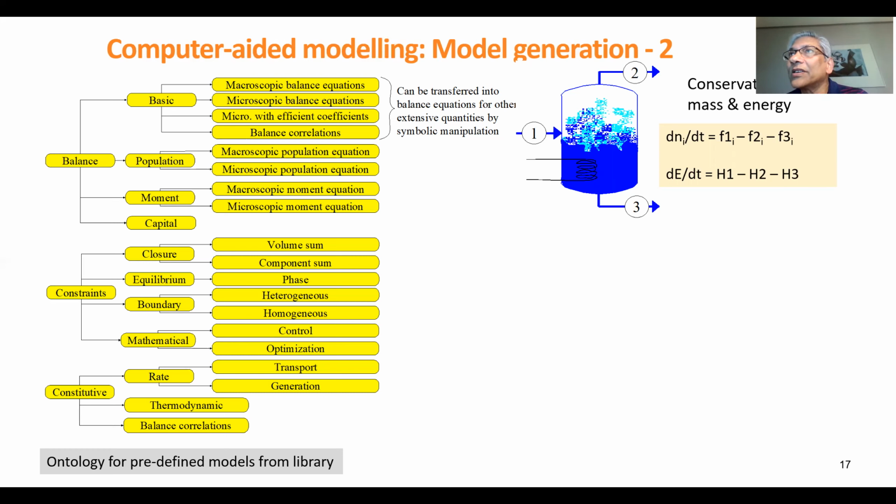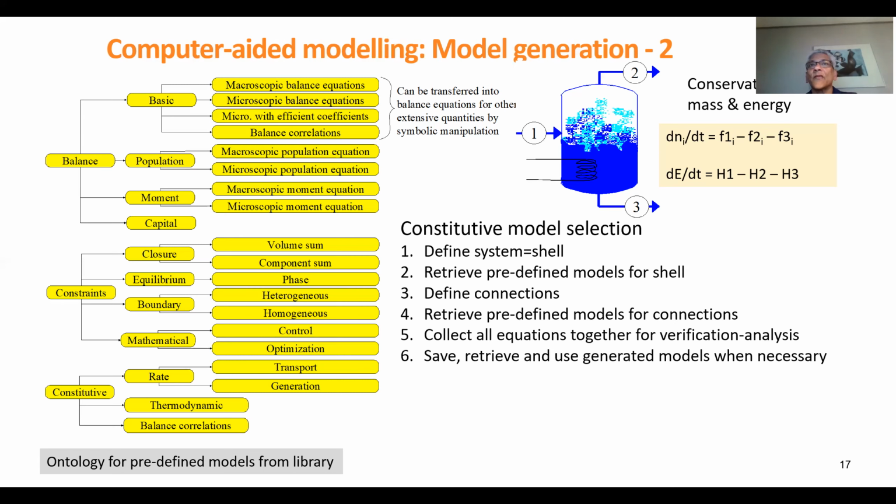But to calculate any of the values on the right-hand side for the variables, we need the constraint equations, constitutive equations. And then we need to define what is happening in the shell. So then we define what is happening in the shell. There are 2 phases. That's a vapor liquid. They're in equilibrium. There is no reaction. The vapor is perfectly mixed.